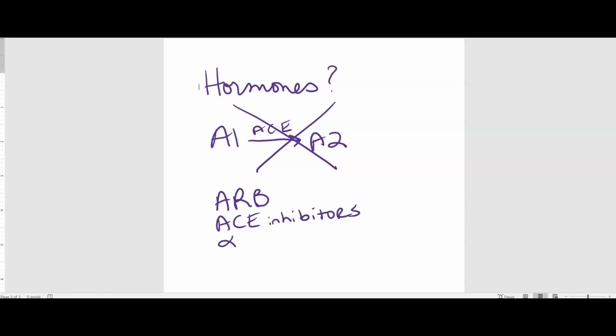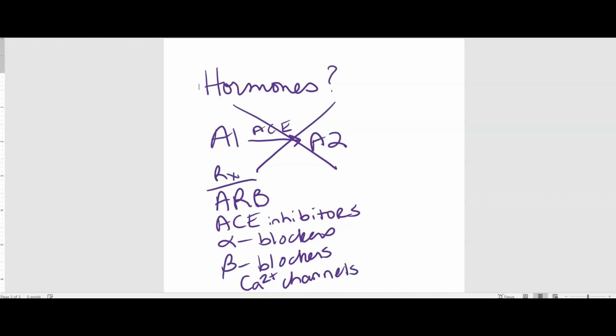And there's alpha blockers to block alpha adrenergic receptors, beta blockers, calcium channel blockers. So these aren't hormones, what I'm talking about here. These are medications that would affect hormones.